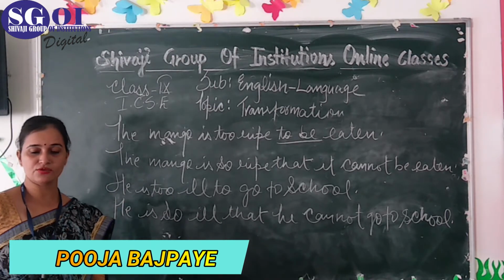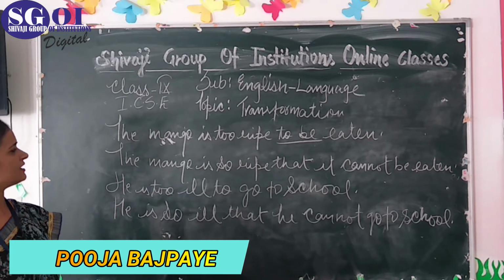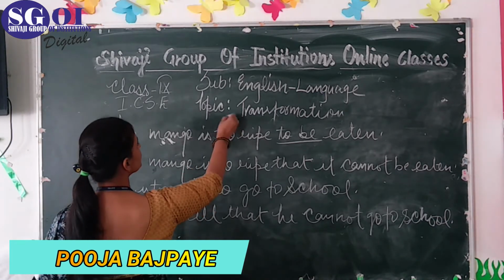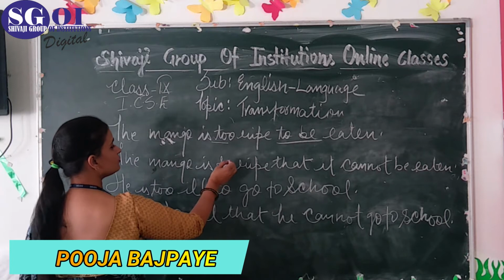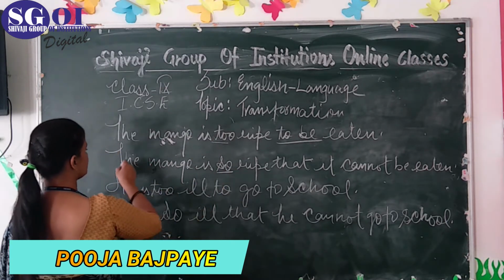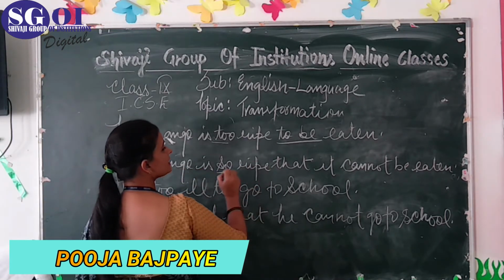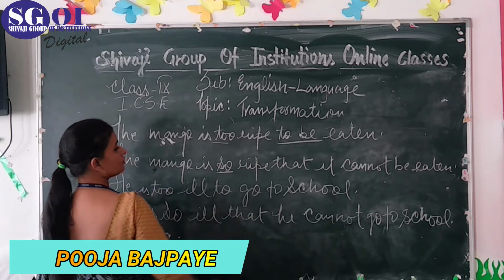So this is the use of 'use so', and in the same way, if this sentence comes, we are removing 'too' and using 'so'. If the sentence comes, 'The mango is so ripe that it cannot be eaten', you can write 'The mango is too ripe to be eaten'.